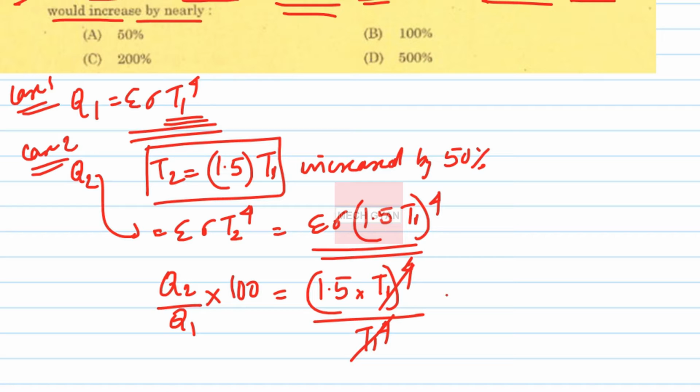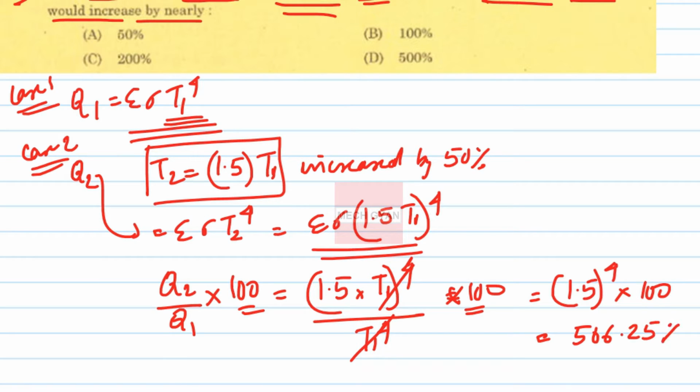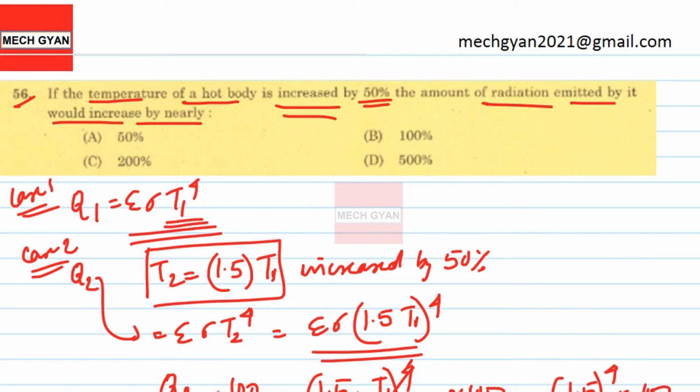So this will get cancelled, into 100. So that is equal to 1.5 to the power 4 into 100, that will be equal to 506.25%. So option D, 500% is the right answer.